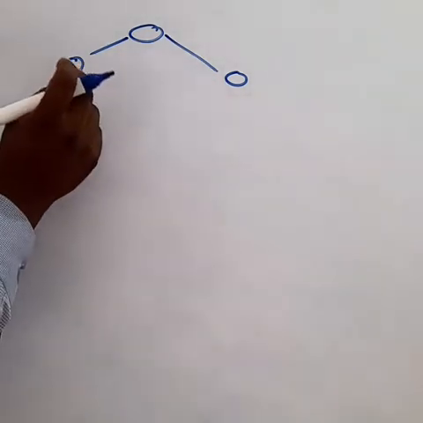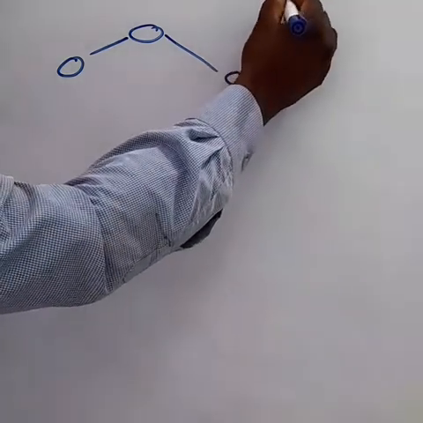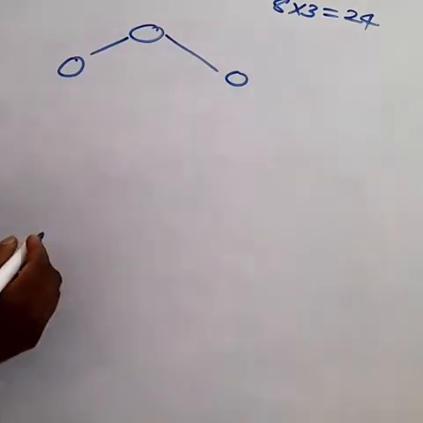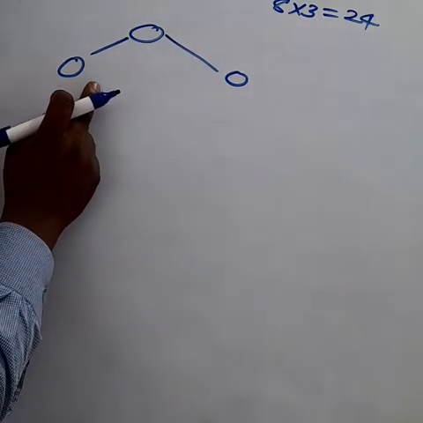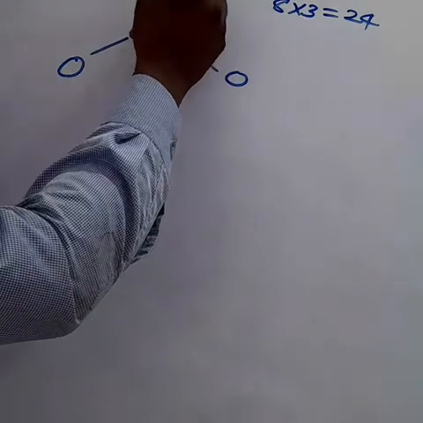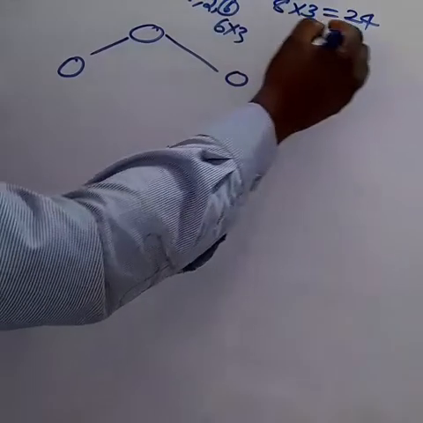First, how many elements are there? 3 elements. One element needs 8 electrons, so 8 into 3 is equal to 24. But here each oxygen atom has 6, so 6 into 3 is equal to 18.